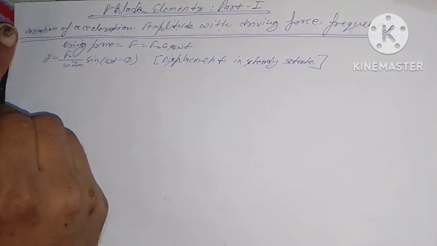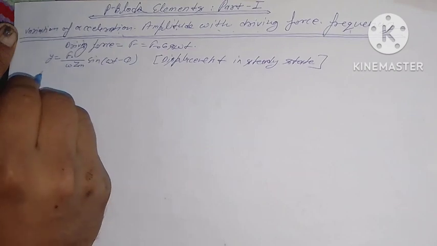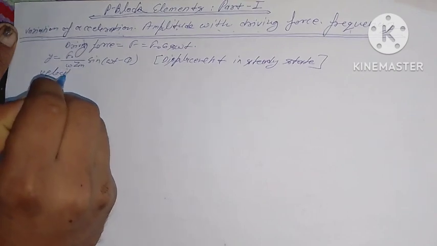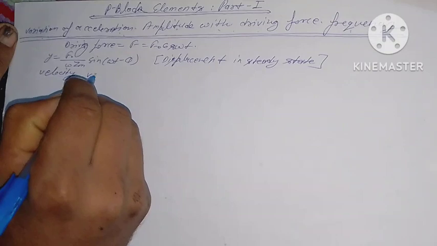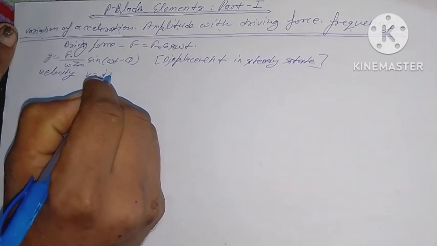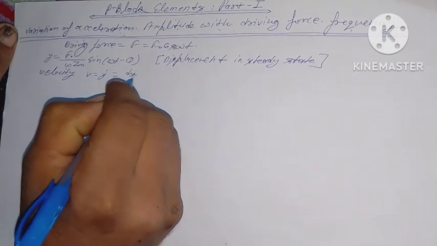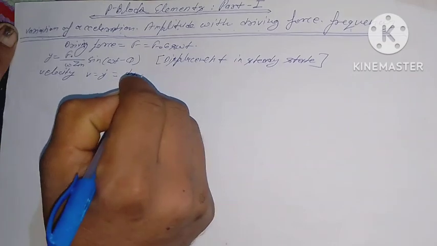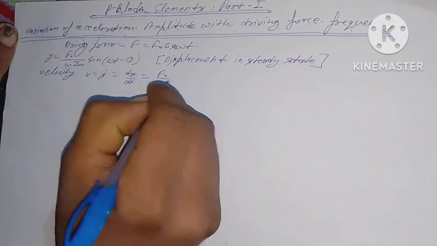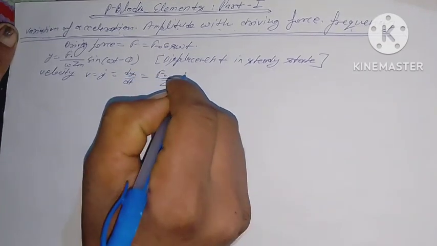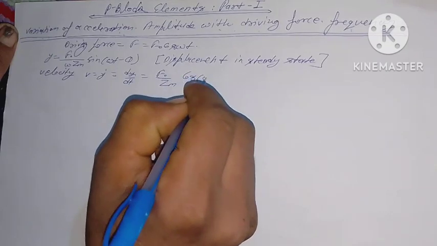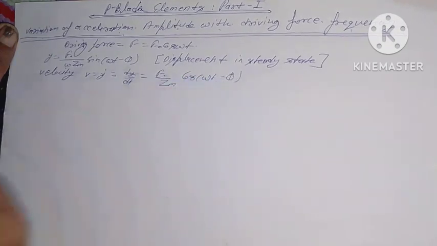And velocity v equal to dy by dt equal to F naught upon Zm cos(omega t minus phi).